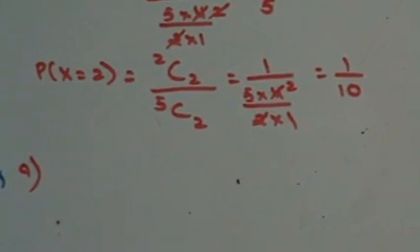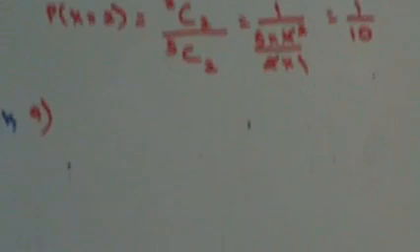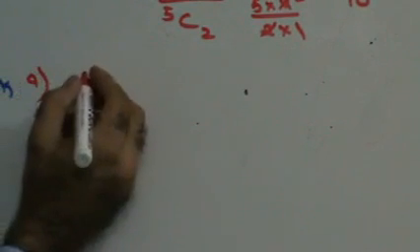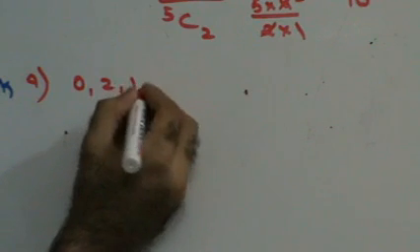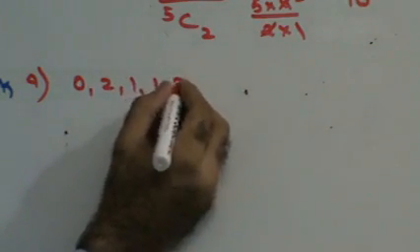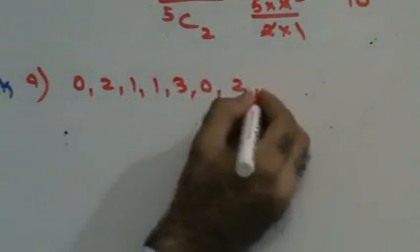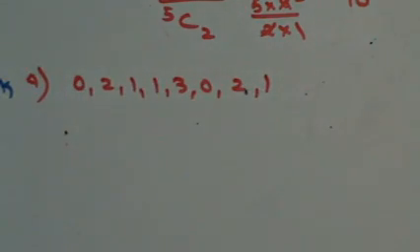8 families have 0, 2, 1, 1, 3, 0, 2, 1 children.